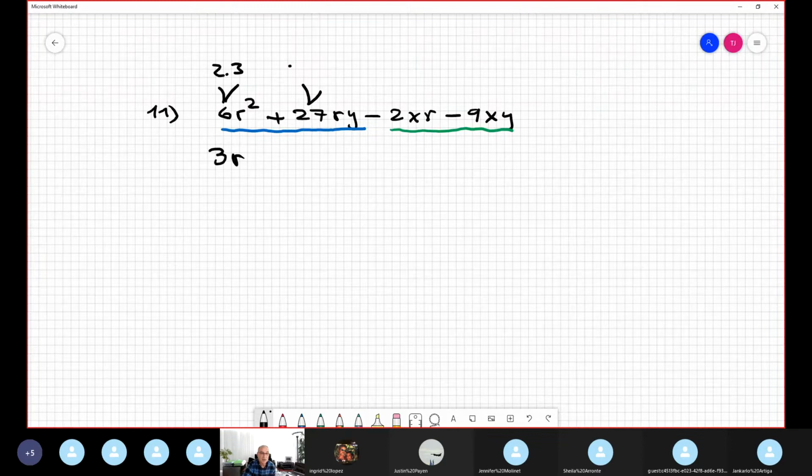Inside 27 we have 3, 9, or 3, 3, 3, whatever, no? And 3 is common. An R square and 1R. Okay. Open parenthesis. Inside the parenthesis, please help me. Why copy inside? It's 2R plus 9Y, because these R go outside.